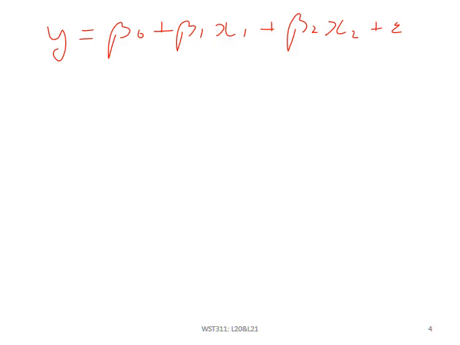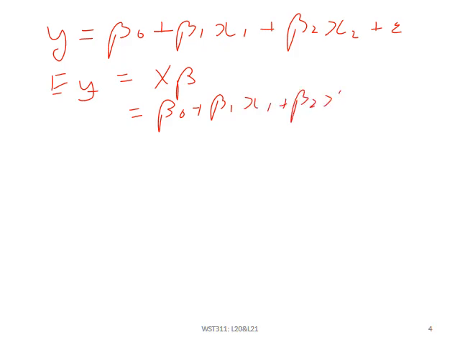We also know from the previous slides that the expected value of the random vector y equals X beta, which is in this case equal to beta naught plus beta 1 x1 plus beta 2 x2.